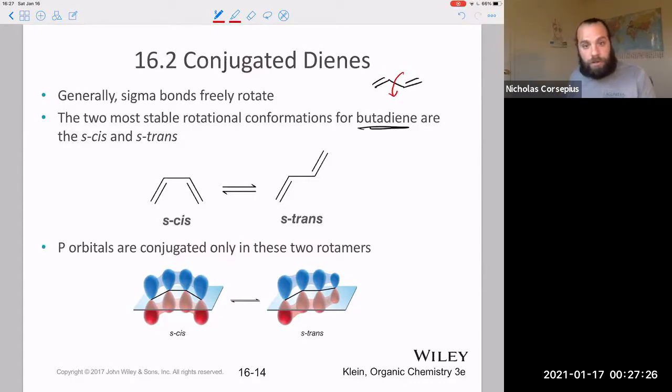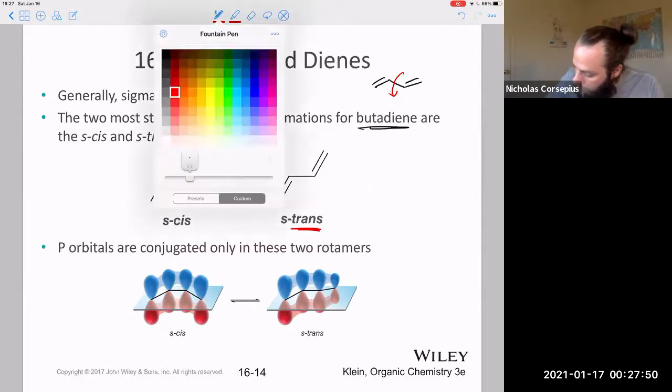So there are two rotational conformations for butadiene. One of them is called S-trans. That would be the one that we're sort of used to seeing all elongated. Notice the S, it's kind of like a trans, but it's not the same thing as a trans in our normal sense, because we're not talking about substituents on a double bond.